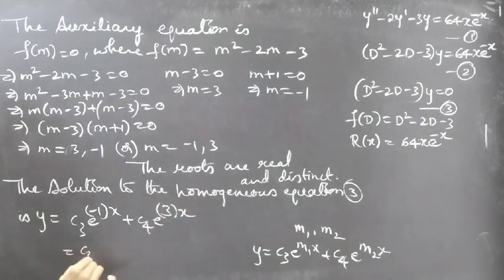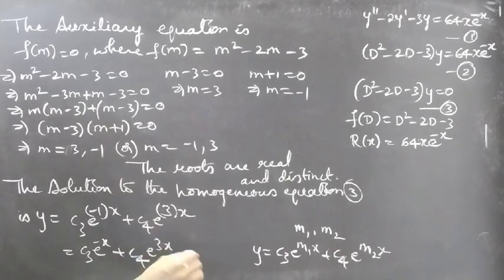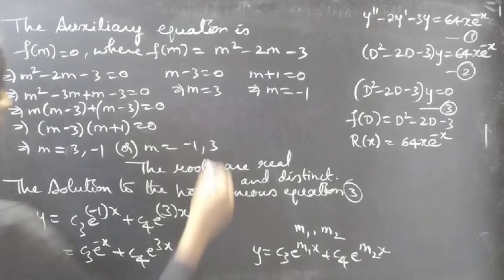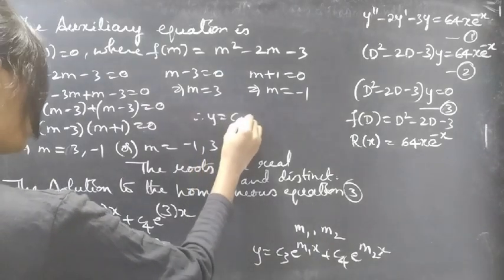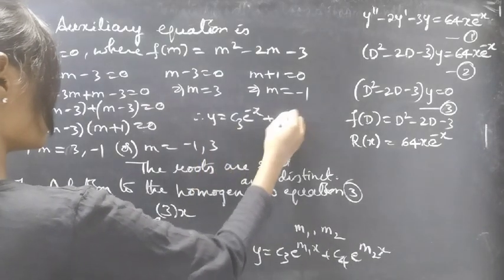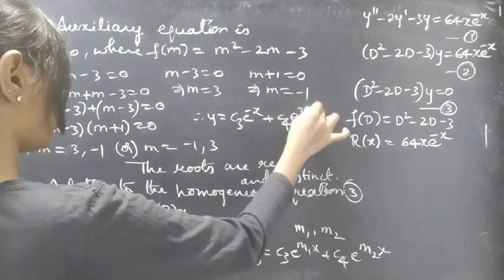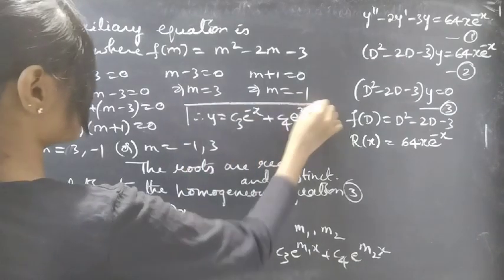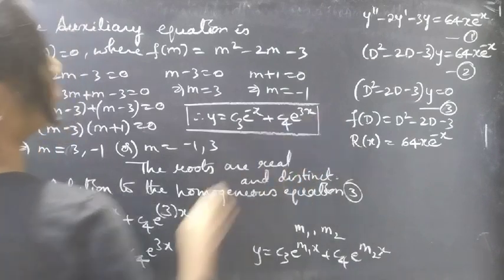This gives us c3 e power minus x plus c4 e power 3x, right? Therefore, y equal to c3 e power minus x plus c4 e power 3x is a solution to our homogeneous equation.